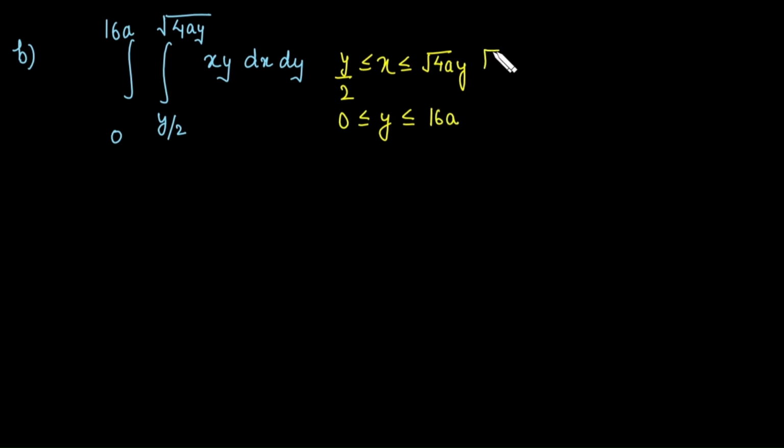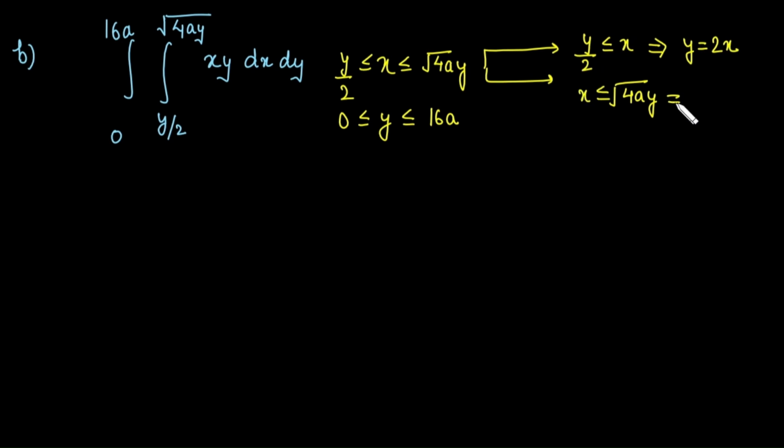Again we split this into two parts. Here y by 2 is less than or equal to x, and x is less than or equal to root of 4ay. In order to sketch these curves, first we need to take the equality form. From here we have y equal to 2x, and, more simplified, x square is equal to 4ay.